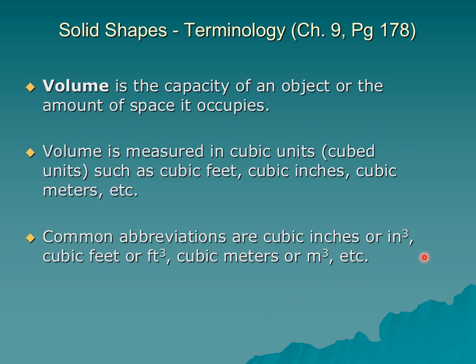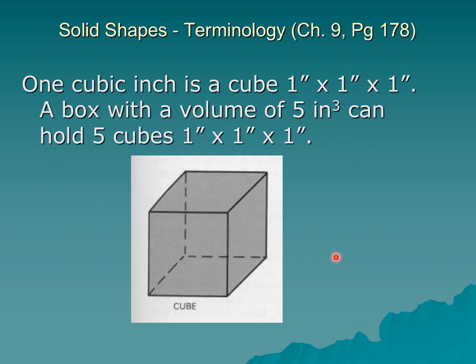The volume indicates how much capacity it has, meaning how much stuff or air it can contain. And the volume is a multiplication of 3 dimensions, and that's why all the units will be cubed. Meter times meter times meter, right? Feet times feet times feet. So that's why we call it feet cubed, meters cubed, or cubic feet. 1 cubic inch is like this one.